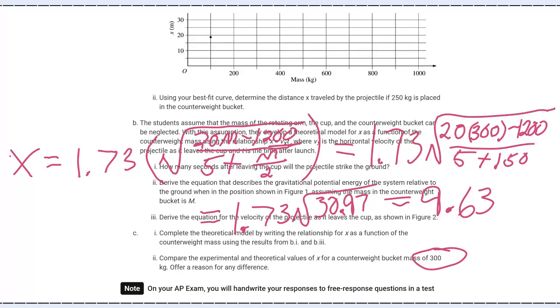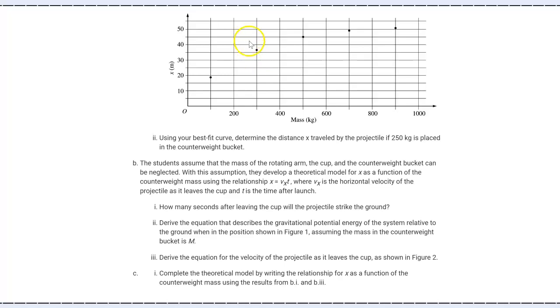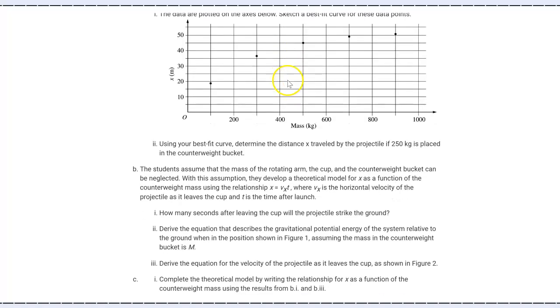Okay. So then it asks, give a reason for the difference between the theoretical value and the experimental value of x for the counterweight bucket of mass 300. Well, we got 9.63 meters, and then our experimental value for 300 is 37.